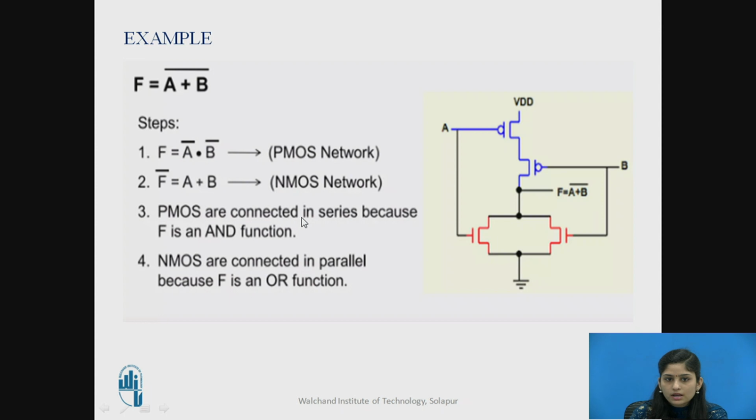The PMOS are connected in series, because F will be an AND function, and the NMOS should be connected in parallel, because here F is an OR function. This is the design of our A plus B whole bar circuit in DSCH software, or we can say it is the schematic in DSCH software.